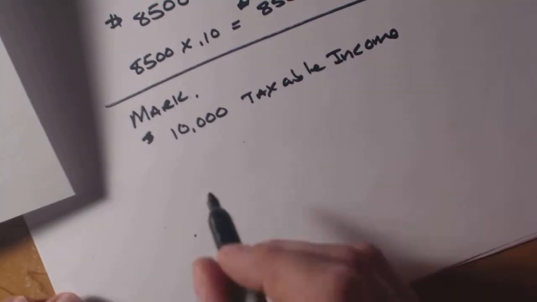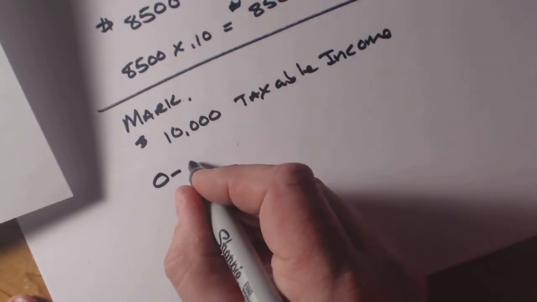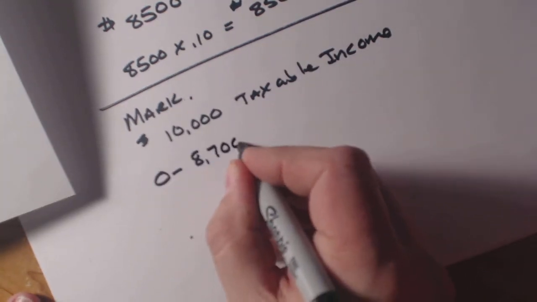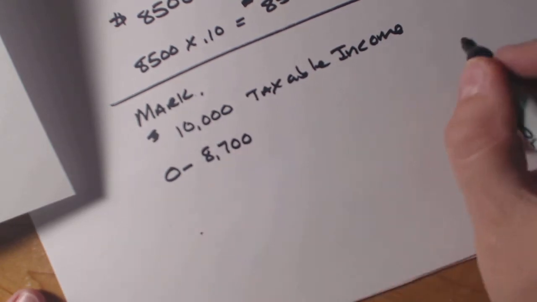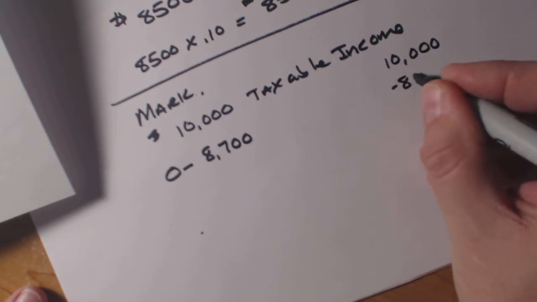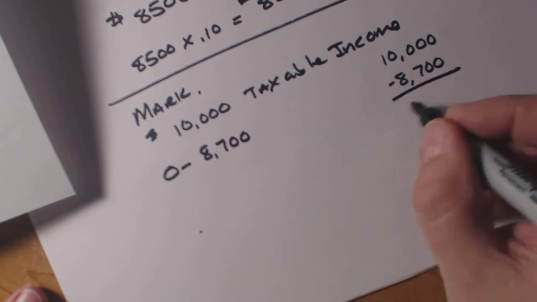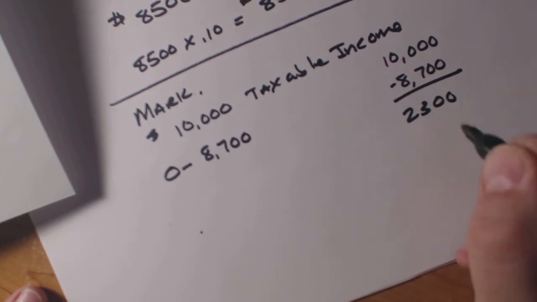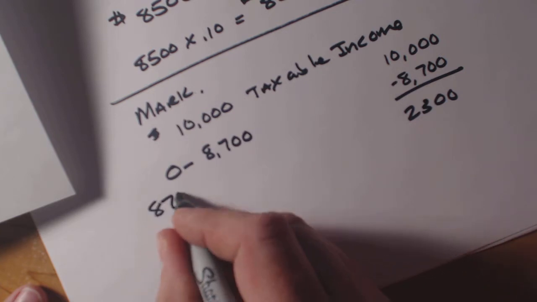So what we do is take the 10,000, and I take 10,000 minus 8,700, because that's the top of the first category, and that leaves me with $2,300.